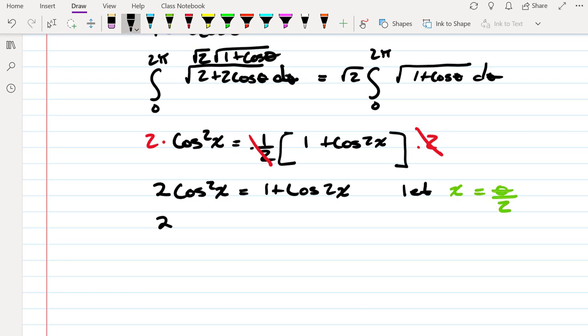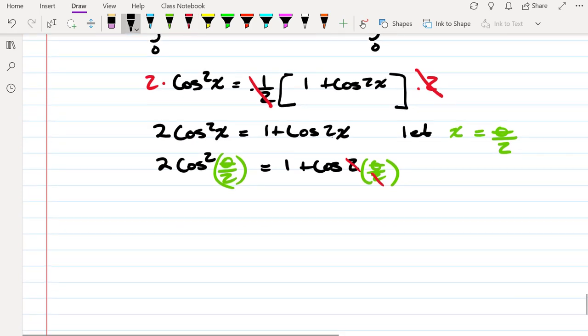putting that into our identity, we get 2 times the cosine squared of theta over 2 is equal to 1 plus the cosine of 2 times theta over 2. The 2's are going to reduce out.